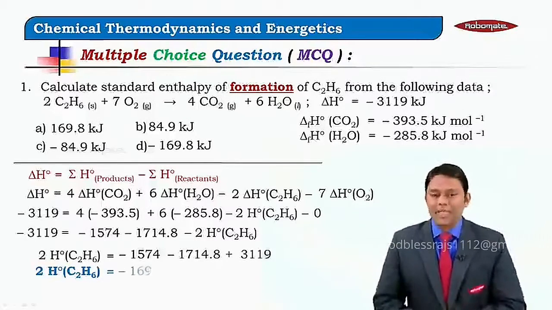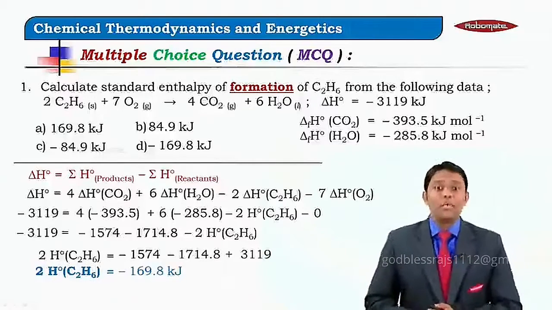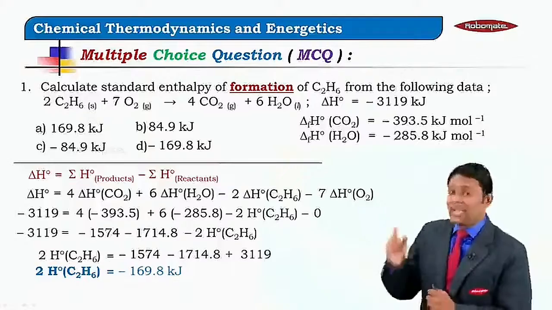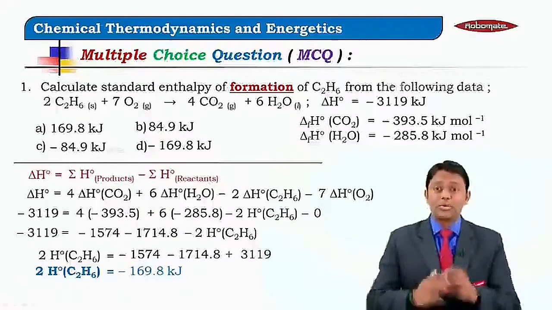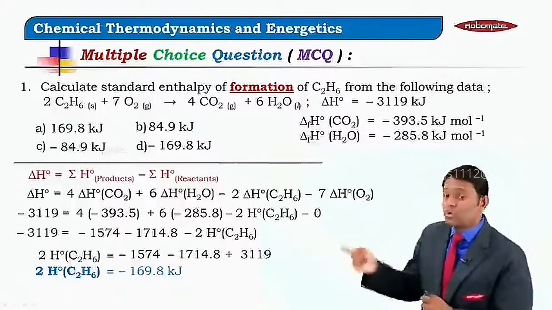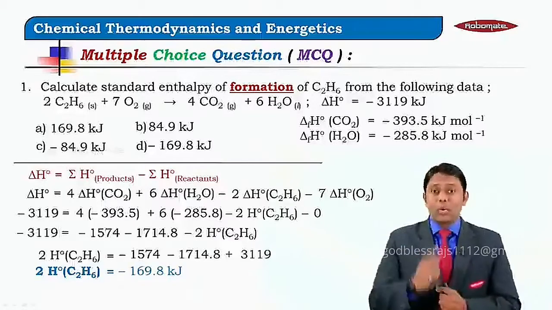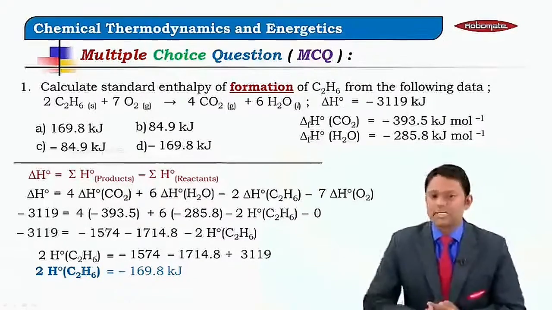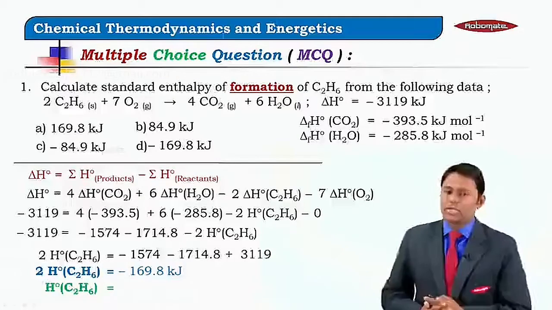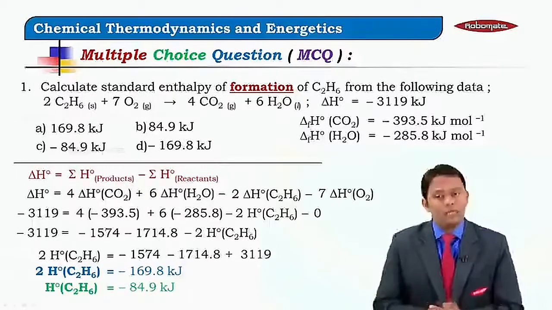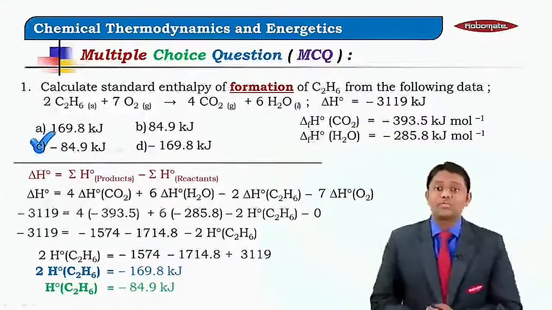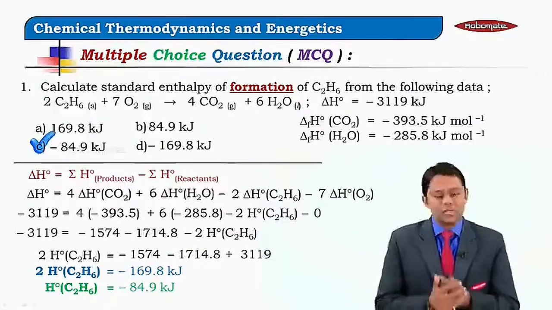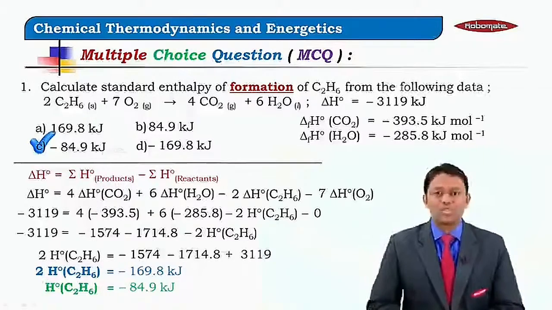Doing additions and subtractions, we get the final answer as minus 169.8, and using this we think that the option is D. But wait students, we have got the answer for 2 times the value, whereas the question says enthalpy of formation, that means for only one single mole. So dividing the answer by 2, we get the final answer as option C, that is minus 84.9 kilojoules. So this is how this particular question has to be solved.